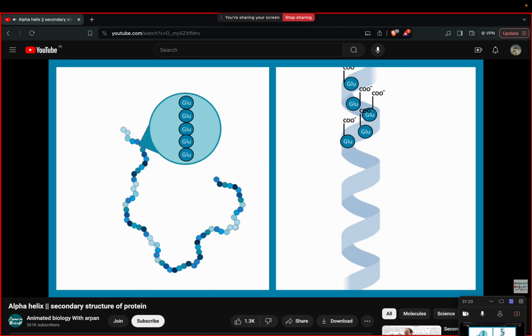Now let us talk about a few special cases when a helix is forming. Specific residues such as glutamate are good for helix formation. But if glutamate residues are there in repetition, then it might be bad, because glutamate residues at pH 7 have negative charges, and these negative charges could cause strong electrostatic repulsion and thereby destabilize the helix.